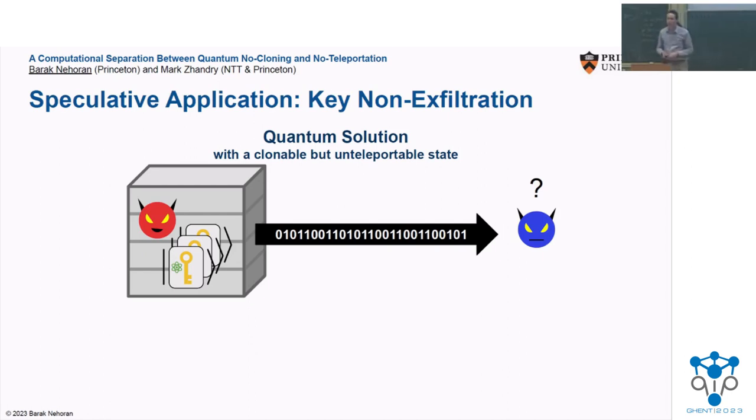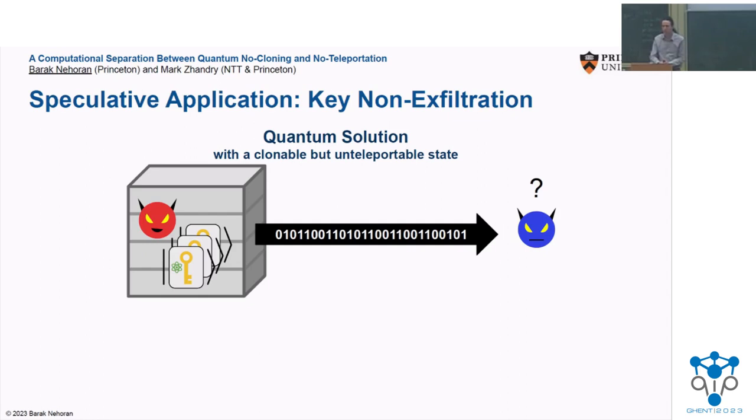Okay, there's one question here. Hello, thanks a lot for your talk. Maybe I'm interpreting things incorrectly, but a clonable state strikes me as one that's sort of classically describable, in which case the black box model doesn't necessarily make a lot of sense, because it almost seems like you're forcing your algorithm to learn the form of the state and then to produce it.